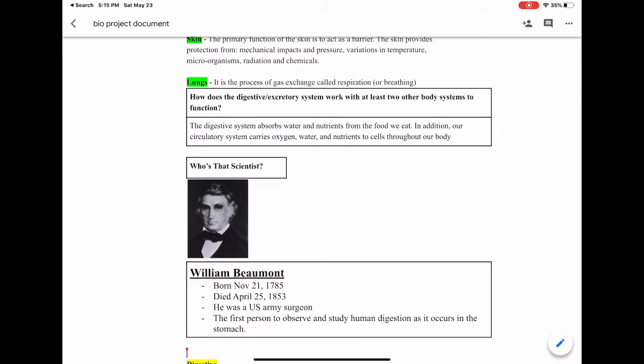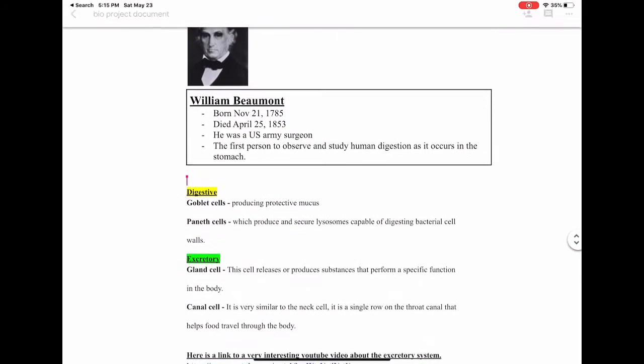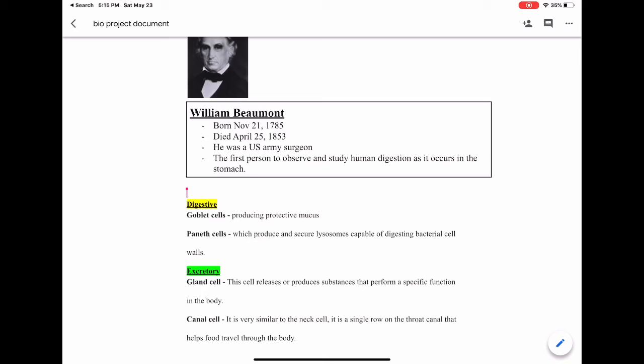All right, so the next part, we have two cells in each the digestive and excretory systems that are needed for it to keep working. The first one in the digestive system is the goblet cells, whose main function is producing protective mucus. The goblet cells are used to protect mucous membranes where they're found, so just make sure that mucus is always protected and can keep working.